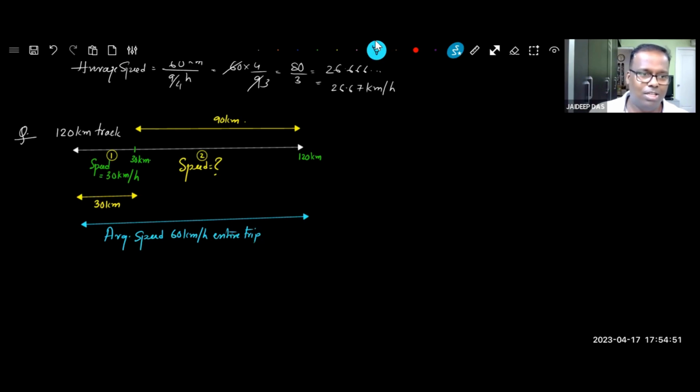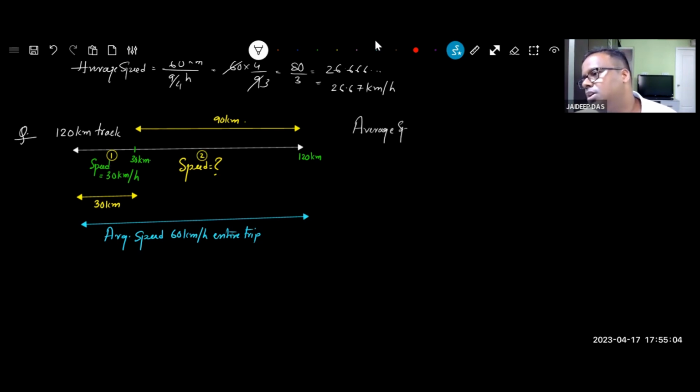Did you get it? How to attack this problem? Again, same problem, same thing. What is the average speed formula? Average speed is equal to total distance traveled by total time taken, right?